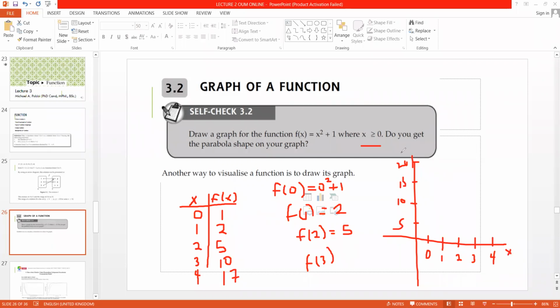Okay. Now when we plot the points, we have 0, 1. Okay, so we have 0 and we have 1 here for the first point. We should have started 0 from here, right? So let me change that.